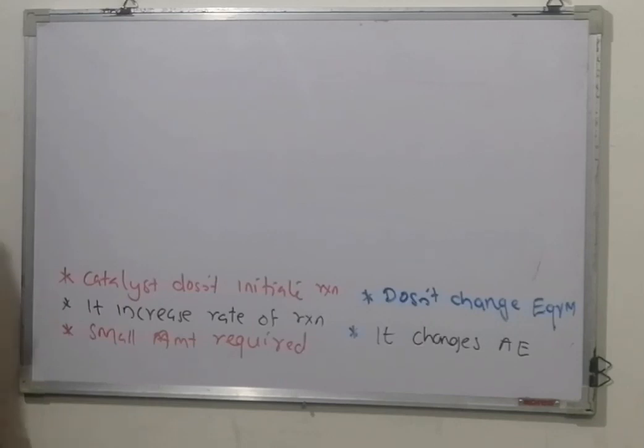We don't need a huge amount of catalyst, only small amount, because it does not take part in the reaction or it is not consumed in the reaction. You will get the catalyst back once the reaction is over. Therefore, only small amount is required.